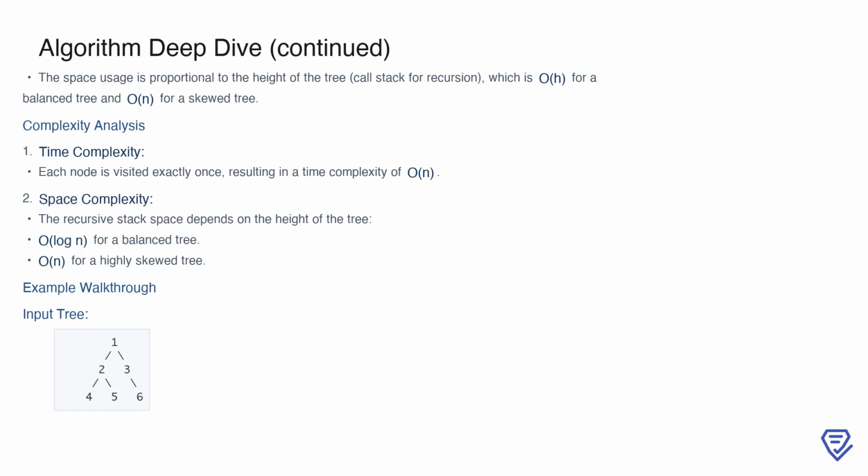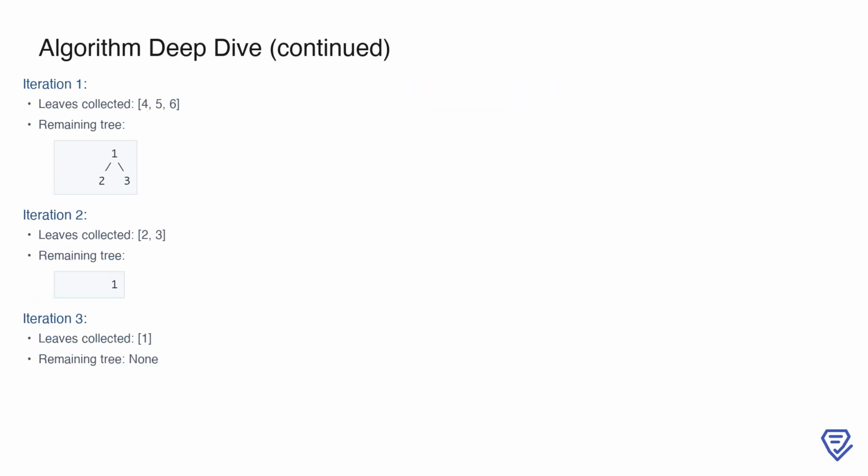Consider a binary tree where the root node has a value of 1, with two children, 2 and 3. Node 2 has children 4 and 5, while node 3 has a right child, 6. In the first iteration, we collect the leaf nodes, which are nodes with no children. These are 4, 5, and 6. After removing these leaves, the remaining tree consists of the root node 1 and its two children, 2 and 3.